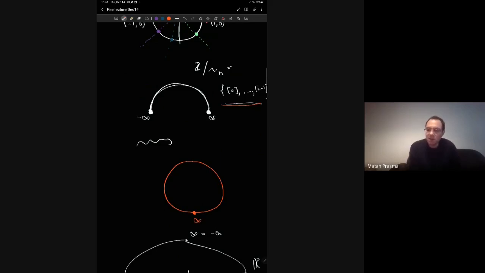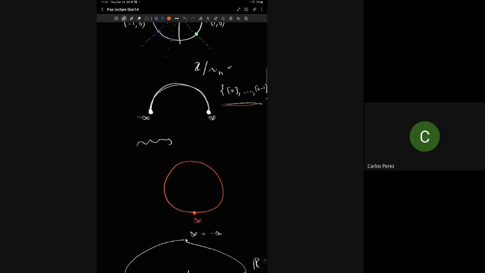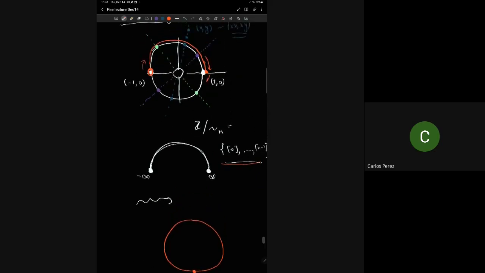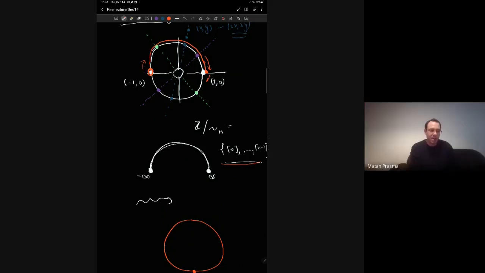Yes, Carlos? Yeah, I was just trying to abstract this to any kind of dimension. So basically, we could also say that R2 is an equivalence class of R3. So a plane inside of R3 is an equivalence class. And a plane passing through the origin, yes.